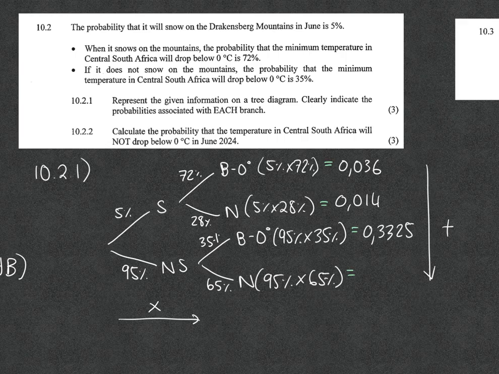And then the last one, 95% times 65% equals 0.6175. Okay, so those are the probabilities associated with each branch.